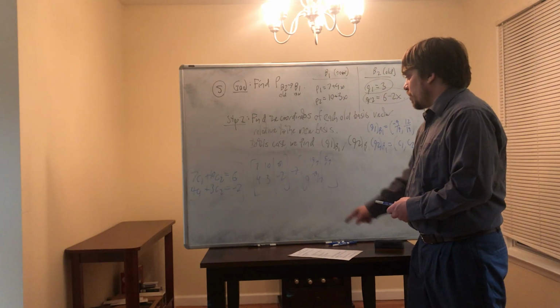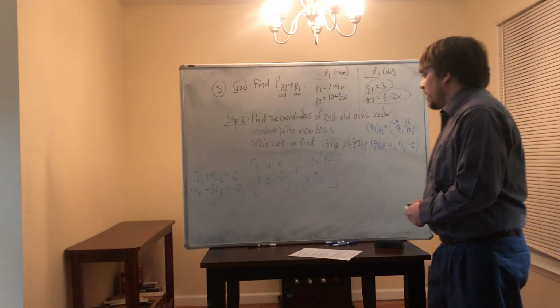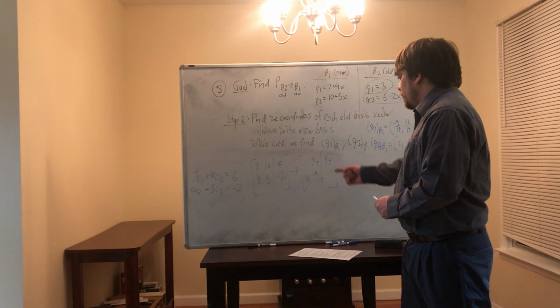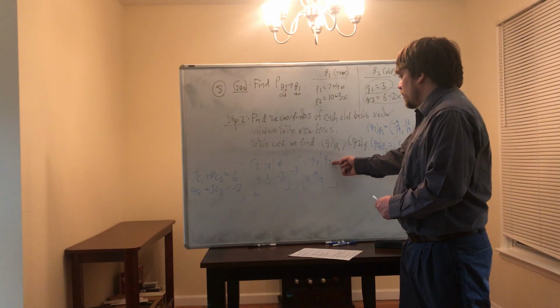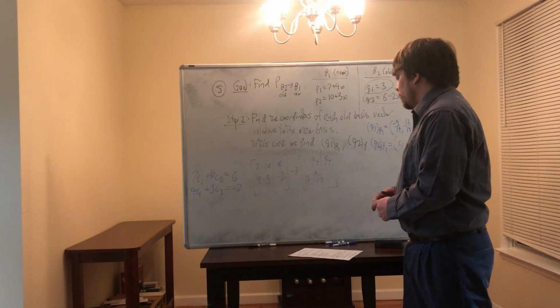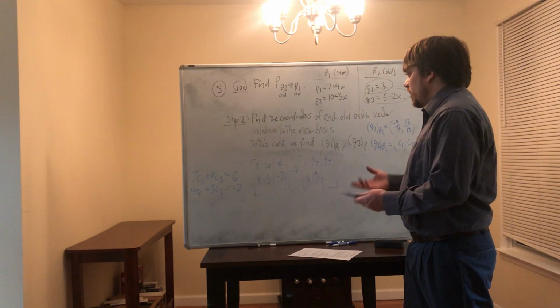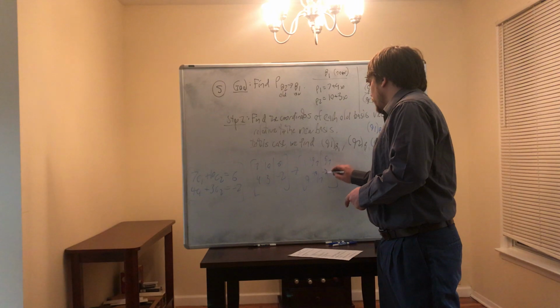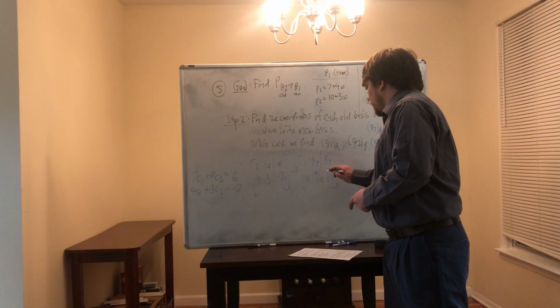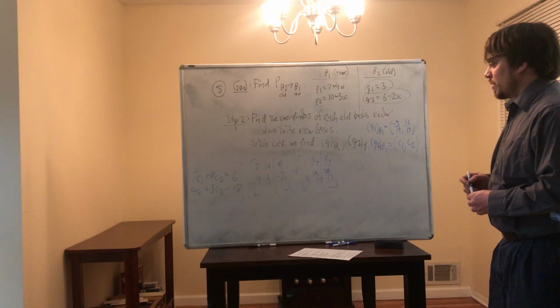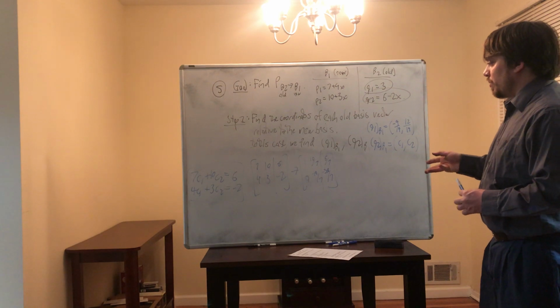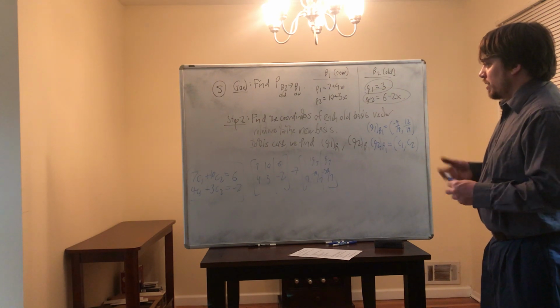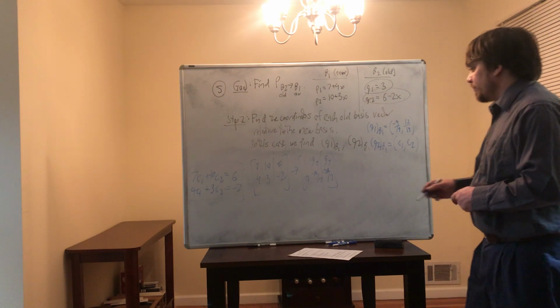So negative 40 plus 21 is negative 19 over 7. And then you're taking negative 4 times 6 sevenths, which is negative 24 over 7, plus negative 2. So negative 24 plus negative 14 is negative 38 over 7.